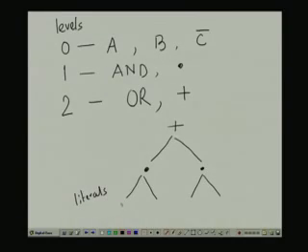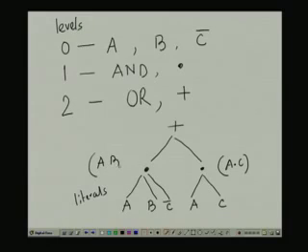Now, see here A, B, so I take another one, say C bar. Here I take say A, C. So, what will it represent at this level? This becomes A dot C, and this becomes A, B, C bar. So, this is in the 0th level, this is in the first level, and this is in the second level.